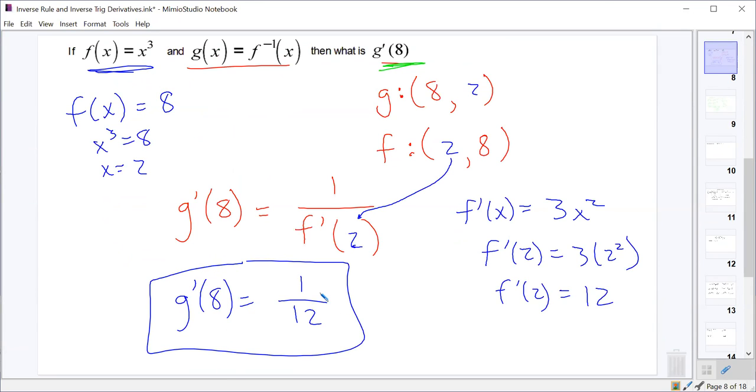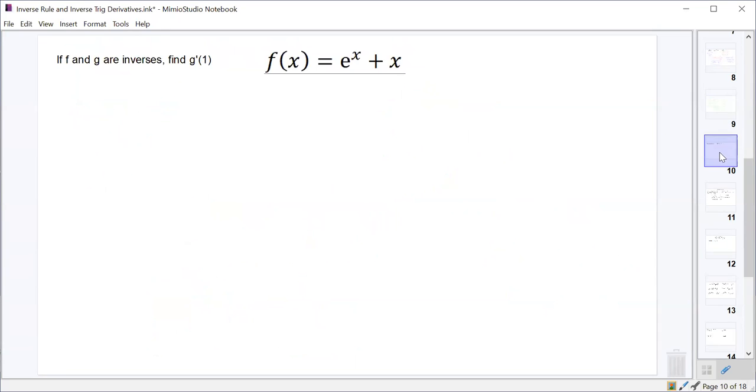So this inverse rule is super convenient. One, when maybe finding the inverse of this is kind of a pain, or might give you something where the derivative of the inverse of it is really annoying to find, but the derivative of f is easy to find. And then the other option of why this would be important is when you're given a function like this, where f of x equals e to the x plus x, and there's no good way for you to explicitly define the inverse function of f.